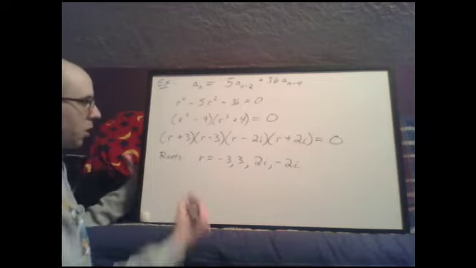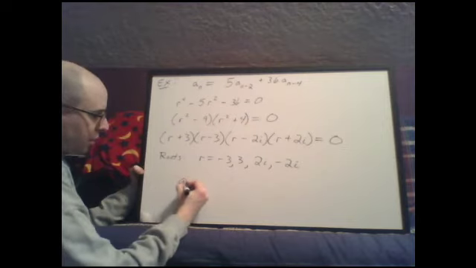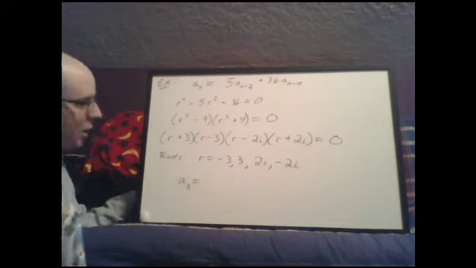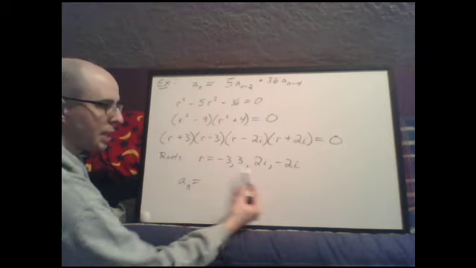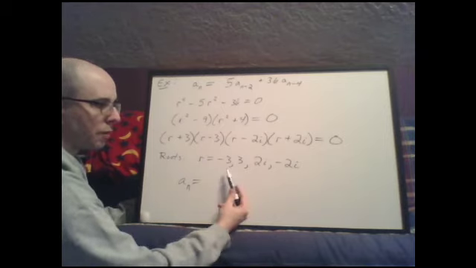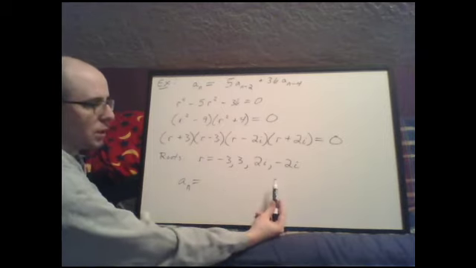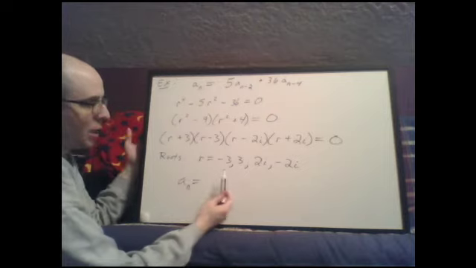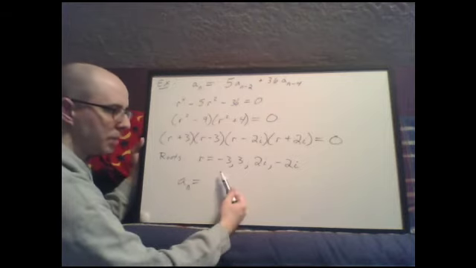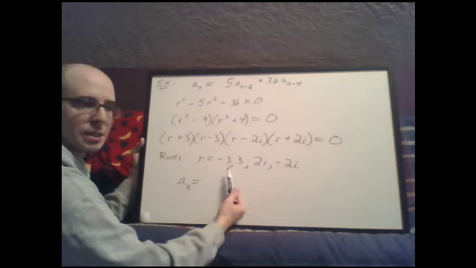Okay, so for this example, none of these roots are repeated. We have 4 distinct roots. So the solution is just a combination of the exponential expressions with these as the basis.